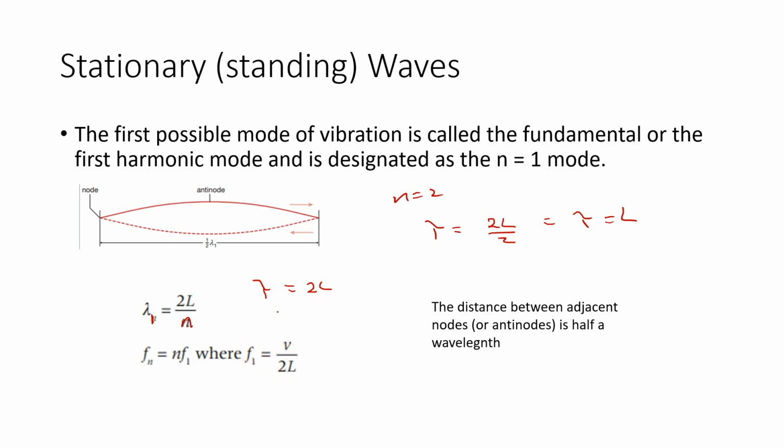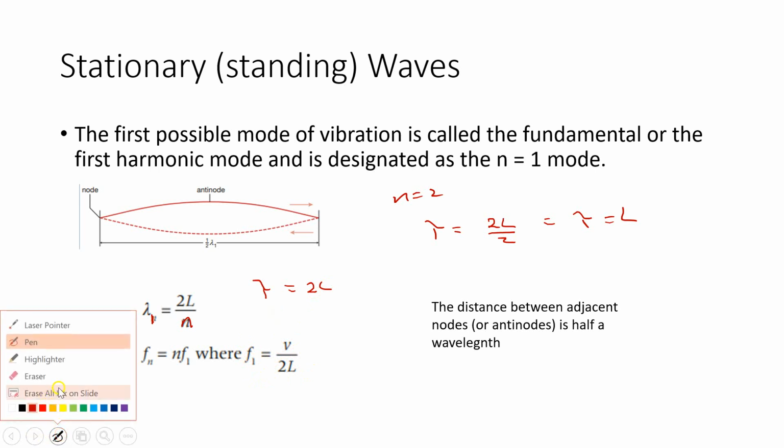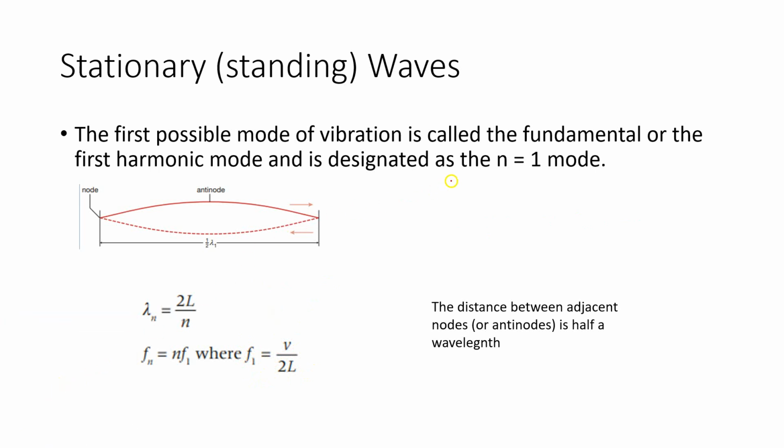Because we know that frequency and wavelength have a relationship, and that relationship comes by when we're talking about the speed of the wave. The speed of the wave is equal to wavelength times frequency. So we could come up with another formula when n is equal to 1.